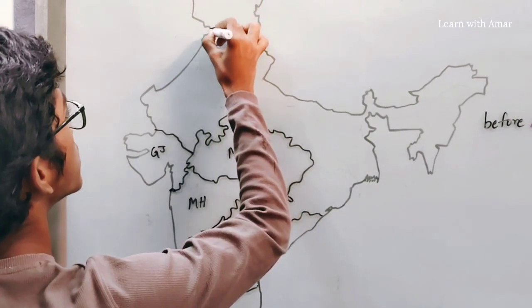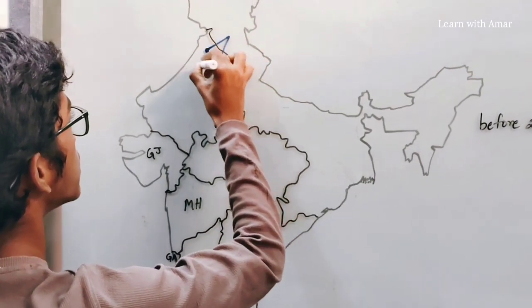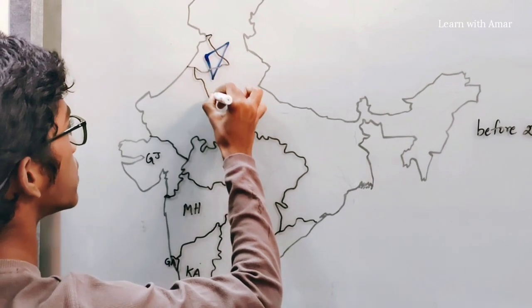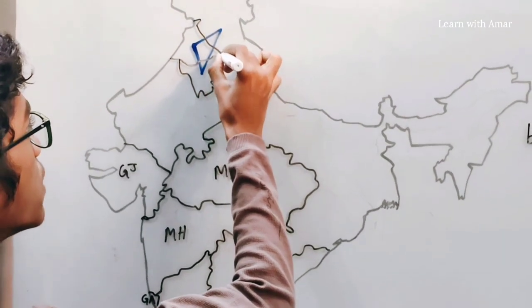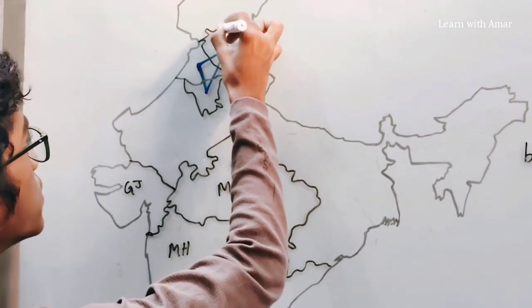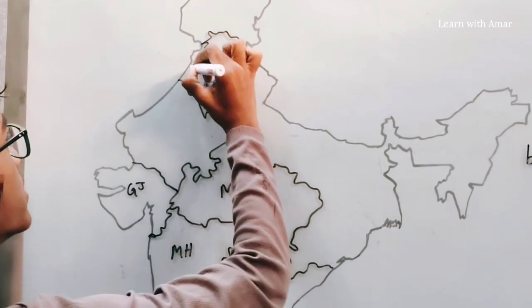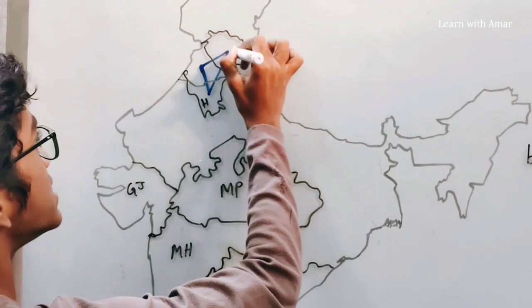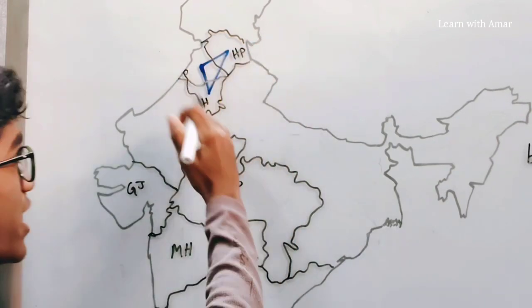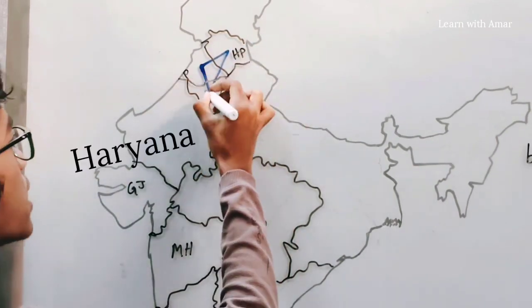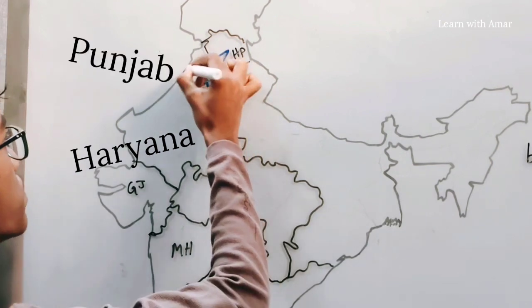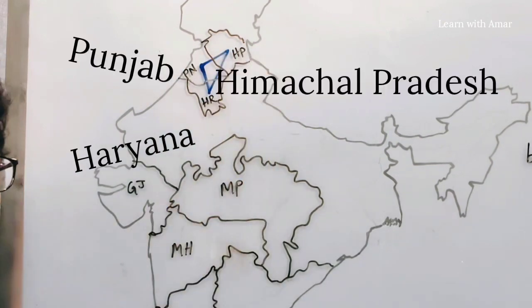They are this one, and this one. So this is H, this is P, and this is HP. H for Haryana, P for Punjab, and HP for Himachal Pradesh.